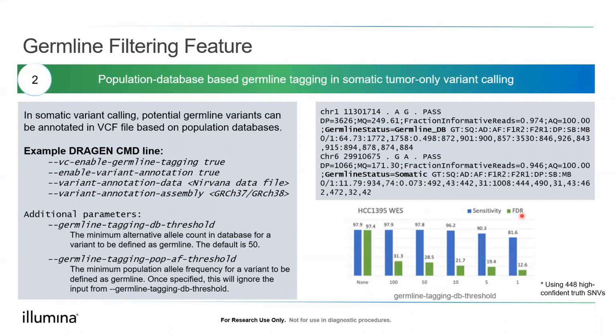You can see that the false detection rate drastically drops. We are choosing 50 here, at least from this example, because it gives us a fairly low FDR, but it still keeps the sensitivity extremely high, as if we didn't do any of that filtering. So you can see that we are getting the benefit of keeping the sensitivity high. We have dropped the FDR, and this is simply done by bringing in a population database which has germline variants.